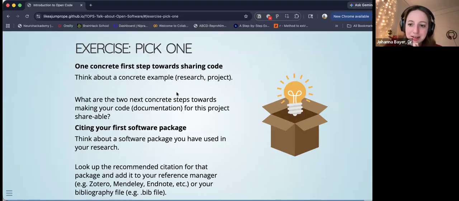Ariel has already shared the code, so it's also okay if people want to think about this later or do it later. But especially citing research software, I think, is important.